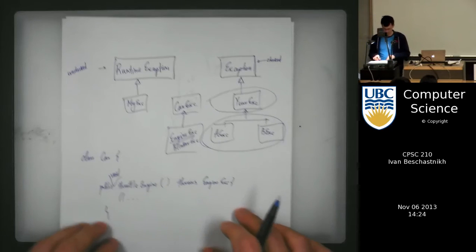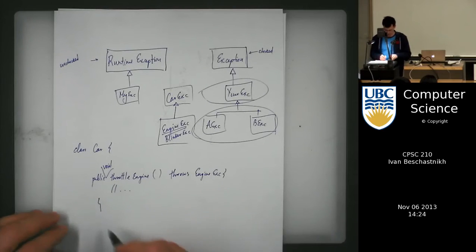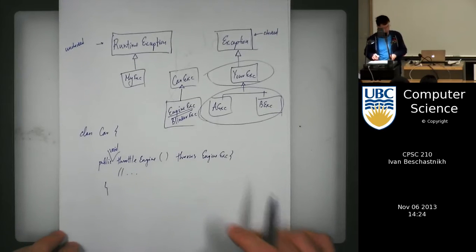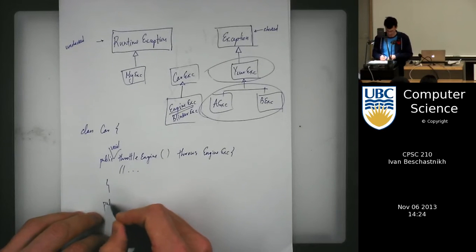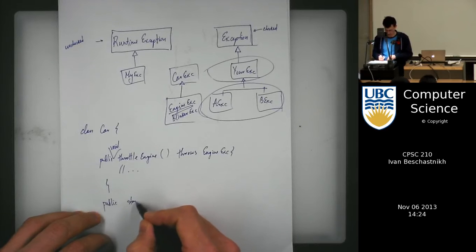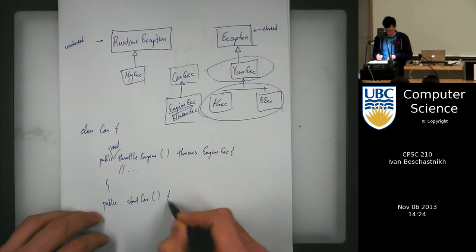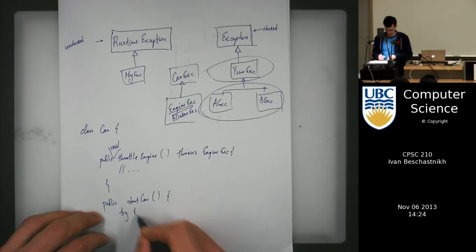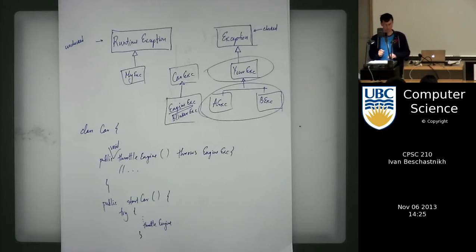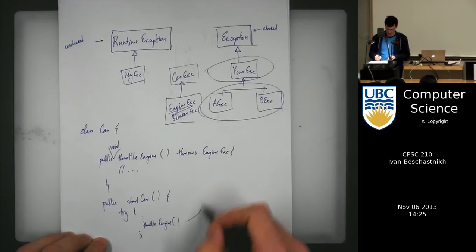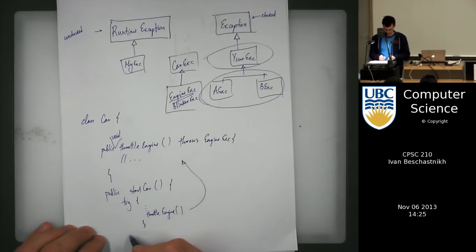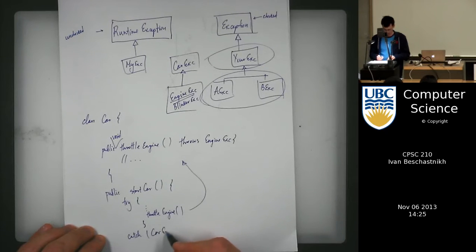And then besides this method, I might have another method further down, something like public startCar. And I might have a try statement, which does a bunch of things, including throttleEngine. So this is a call to this method. And my catch here can simply be catching the car exception.